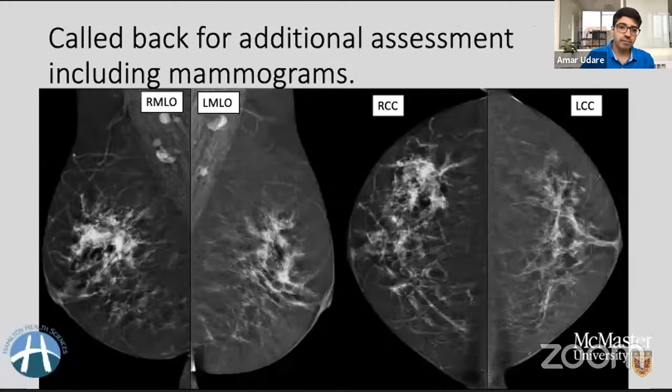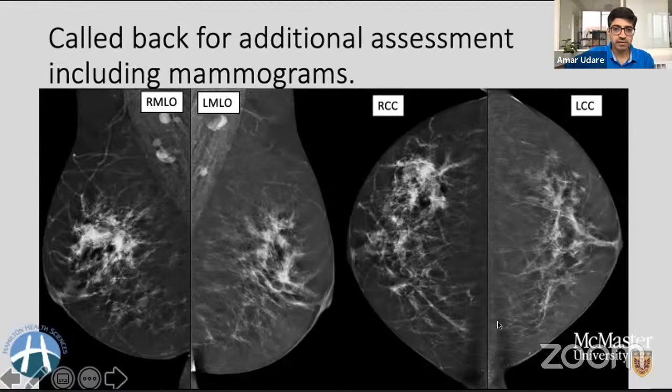So we did assess with mammograms. All you see here on the left side of the screen are your right MLO view, left MLO view, right CC view, and the left CC view. The first and most important thing which strikes you, I'm not sure if you're appreciating the same on your screens, is the change in the contrast or the brightness of the breasts.